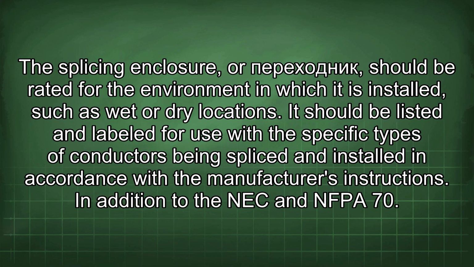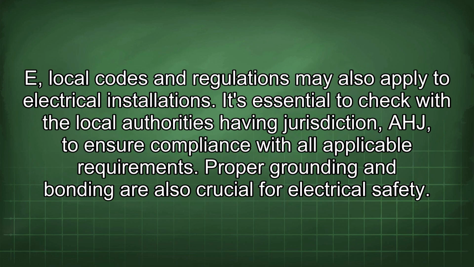The splicing enclosure, or junction box, should be rated for the environment in which it is installed, such as wet or dry locations. It should be listed and labeled for use with the specific types of conductors being spliced and installed in accordance with the manufacturer's instructions.